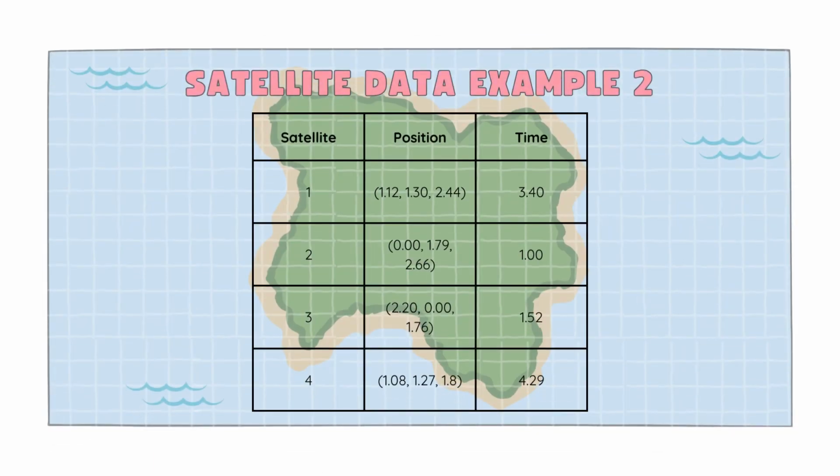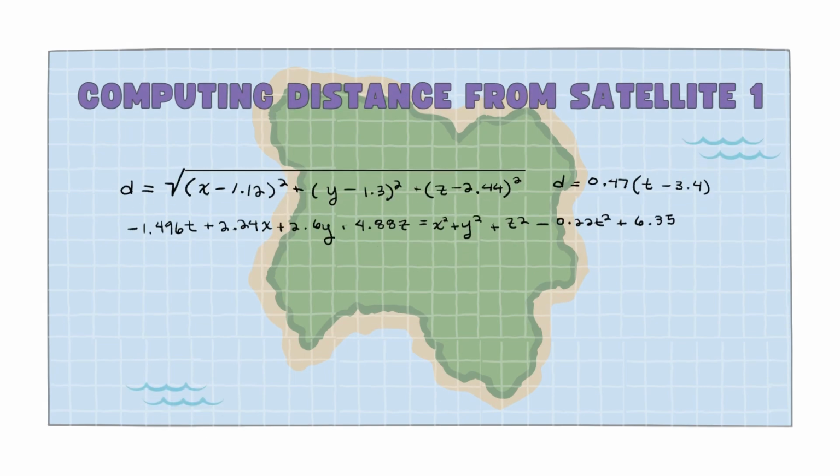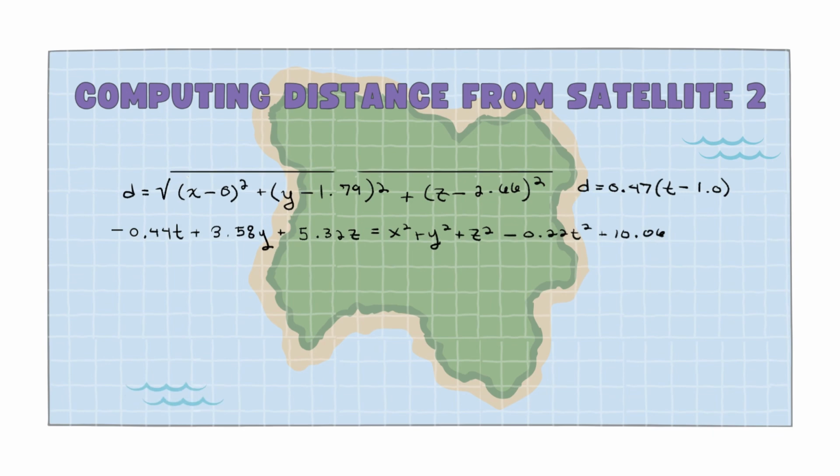Now we have another example that is very similar to our first one. Here we can see our two distance formulas and the resulting formula that we get by combining the two. We repeat this process for satellite 2, 3, and 4.